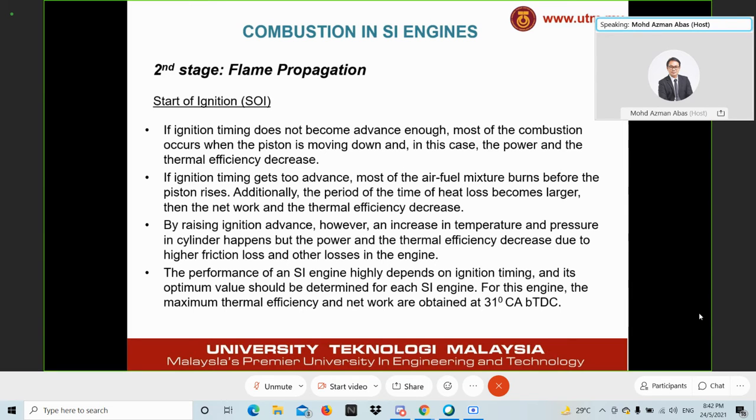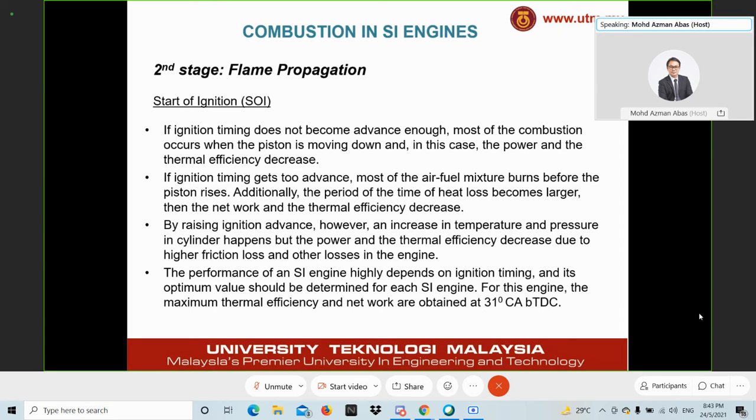Raising ignition advance does increase temperature and pressure in the cylinder. If you put your SOI too early, your pressure and temperature will increase, but the power and thermal efficiency decrease due to high friction losses and other losses in the engine. So the performance of an SI engine highly depends on the initial timing.